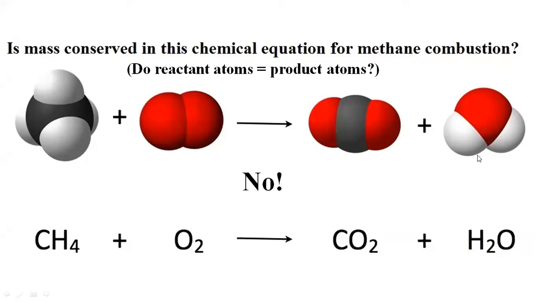And so that means then that we have to balance the chemical equation to account for all of the atoms, because atoms have mass, and so that's what we want to look for. So in this case, is mass conserved for this chemical equation? Do we have the same number of atoms of carbon on one side as the other side? Do we have the same number of oxygens on one side as the other side? Do we have the same number of hydrogens on one side as the other side?